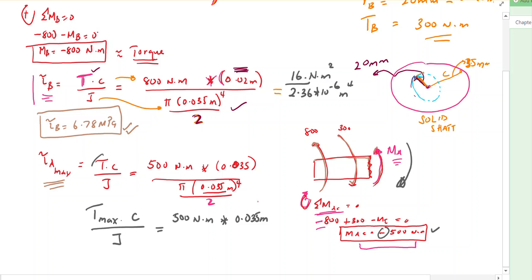Okay, so who can give us what's going to be in the numerator and what's going to be in the denominator?